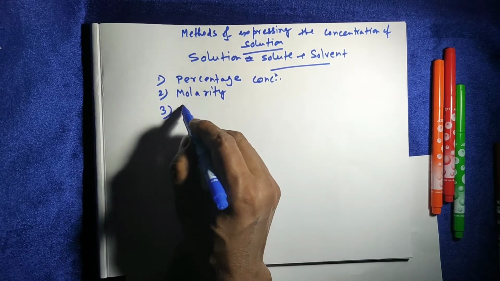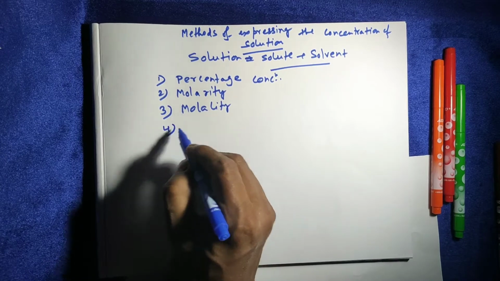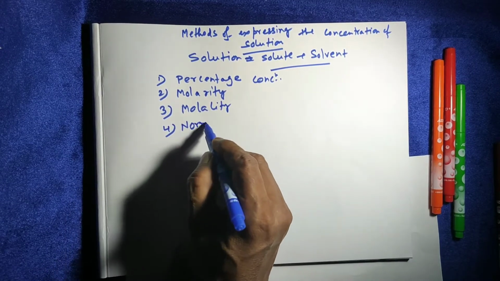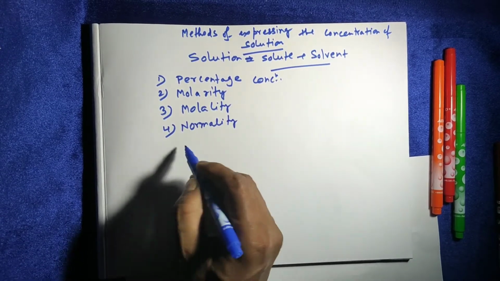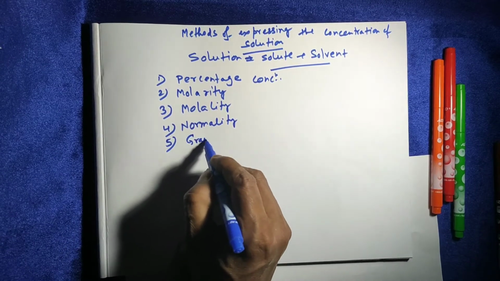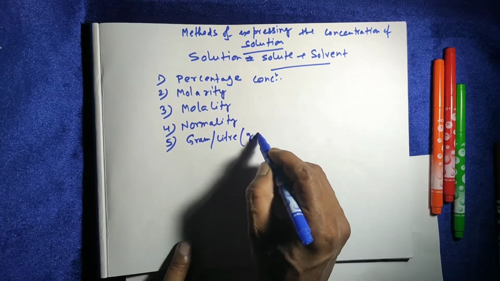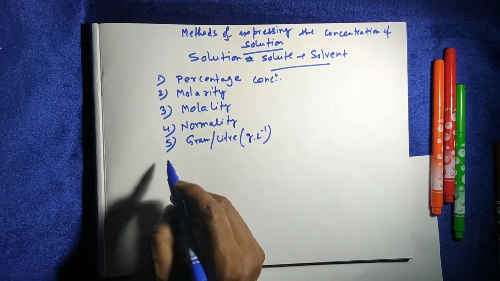Number three, molality. Number four, normality. Number five, gram per liter, you can say gram liter inverse.